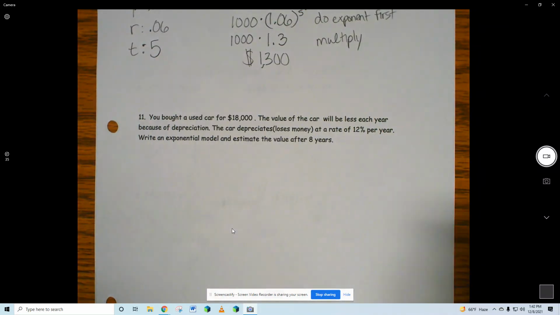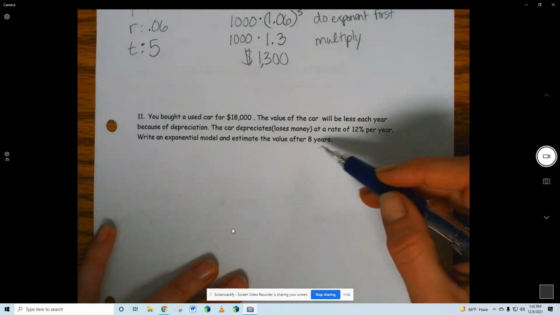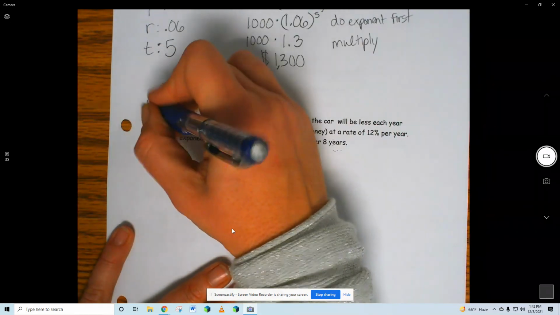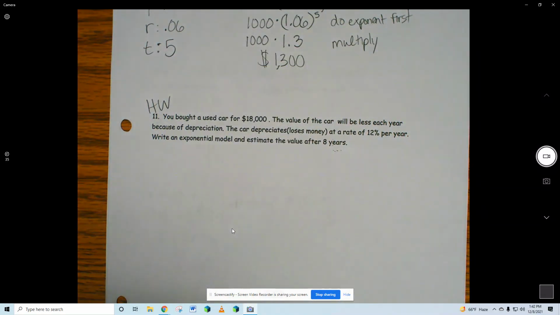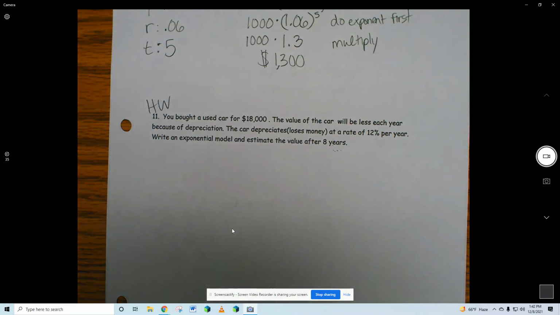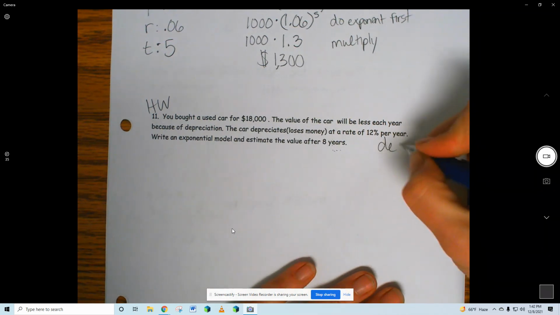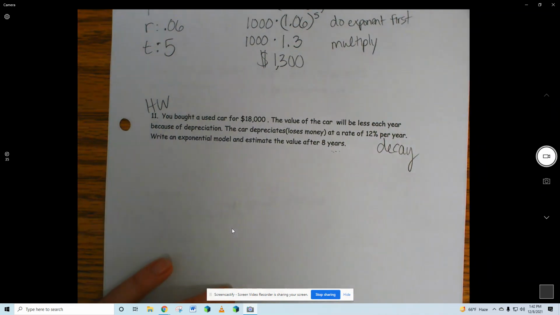All right. Number 11, you have to do for homework. It's about a car depreciating. What does it mean when a car depreciates? Decay. That's this formula up here.